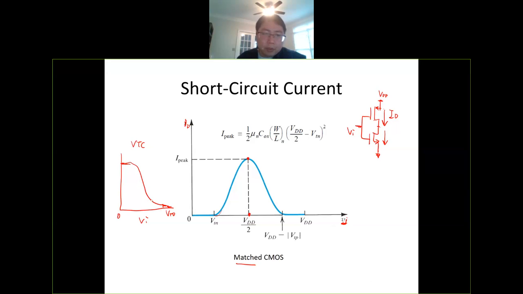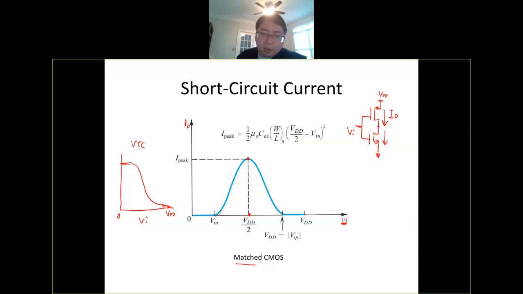And during this switching, in the middle, where the input equals the output, at this Vi point, you will notice that both NMOS and PMOS are in saturation. So they are fully turned on. Then you will reach the largest current in this branch. So this is the peak current.